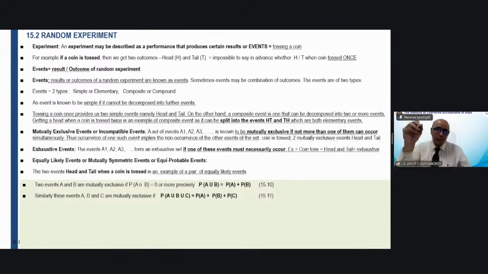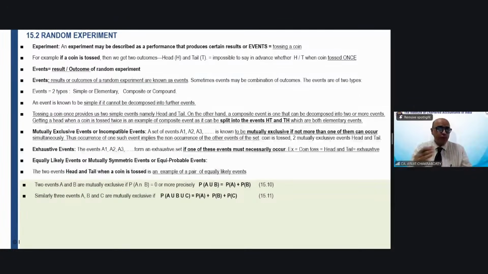So union we write as U, intersection we denote as an inverted U. So if two events A and B are mutually exclusive, that means what? It means that not more than one of them can occur simultaneously. So we can say that in case of a mutually exclusive event, the probability of A intersection B is 0.